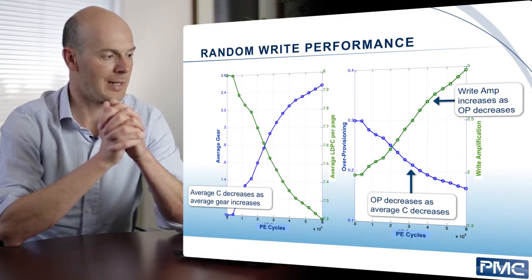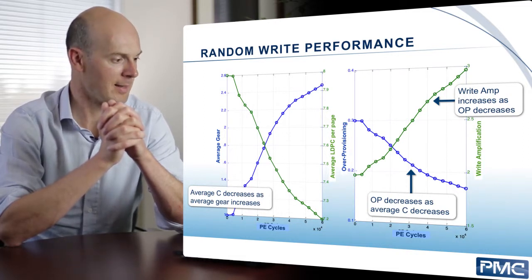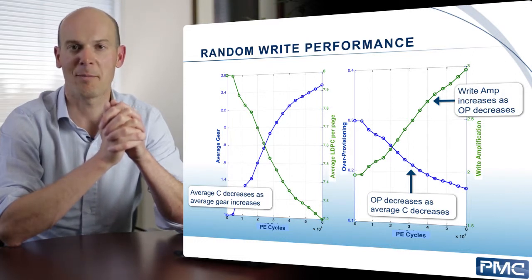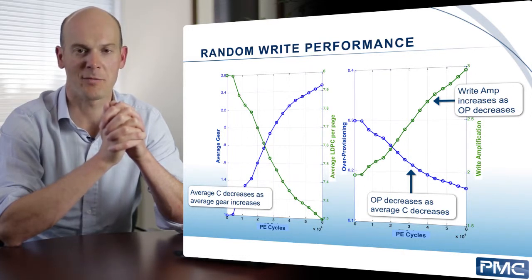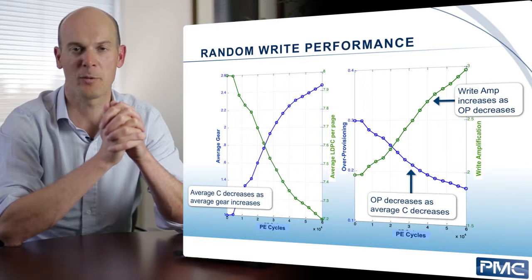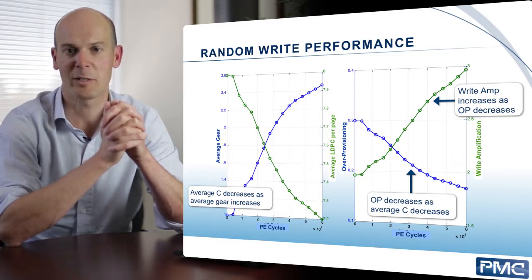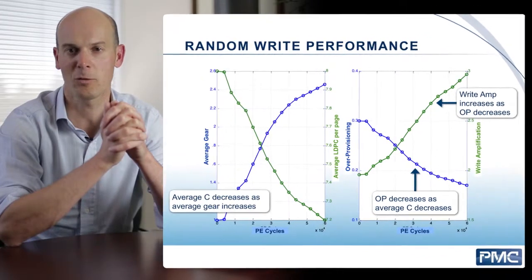So in the graph on the left, we see that the capacity of the drive is diminished slightly as we apply more error correction parity to ensure that the NAND flash remains reliable as it ages. Consequently, the write amplification of the drive increases and the over-provisioning decreases. However, through proprietary techniques, we can manage this and ensure that at the host level, the performance is constant through the life of the drive.